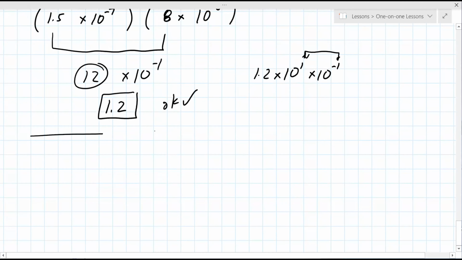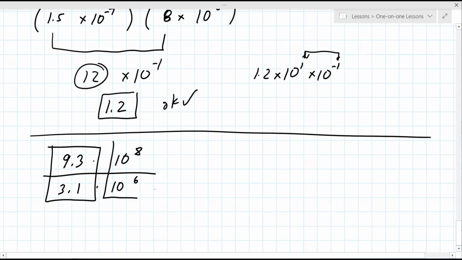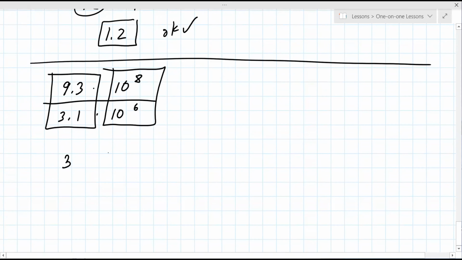All right. So very quickly, we're gonna do a division problem here. So let's go 9.3 times 10 to the 8th divided by 3.1 times 10 to the 6th. You divide this, and then we deal with the exponents over here. So 9.3 divided by 3.1 is 3.